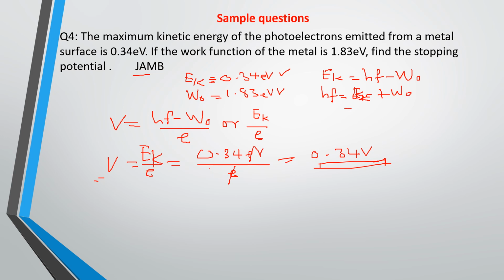So hf is 0.34 plus 1.83 electron volts, which gives 2.17 electron volts.